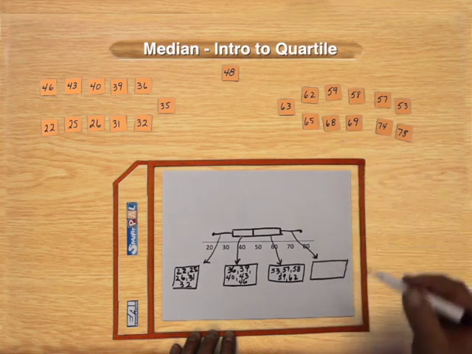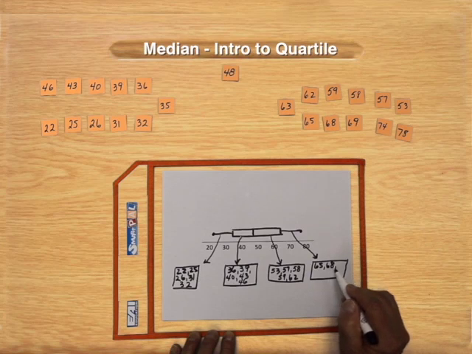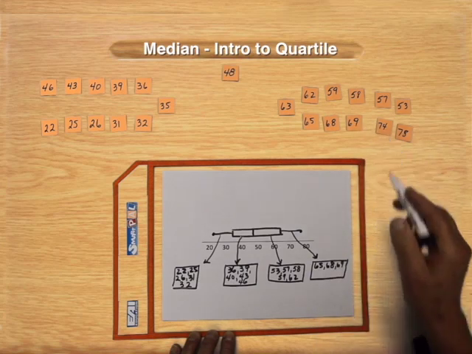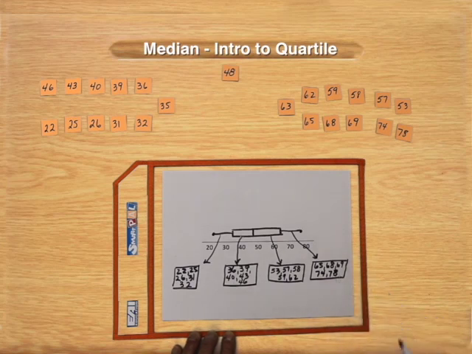And we're going to have 65, 68, 69, 74, and 78. So there are all the numbers that are represented in these sections of the graph.